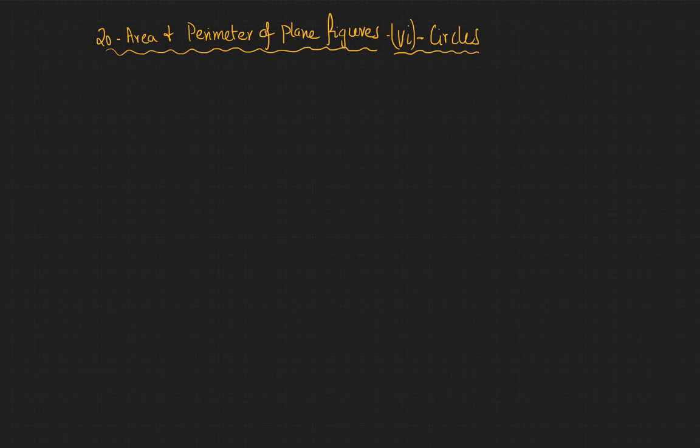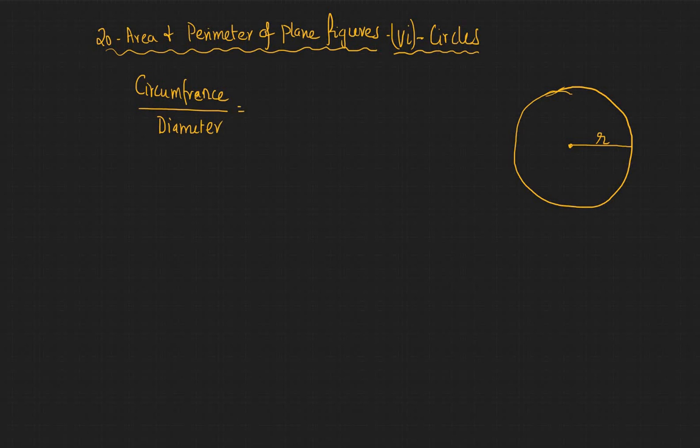One of the most interesting properties of a circle is that your circumference, which is your perimeter, divided by your diameter is a constant for any circle, right?